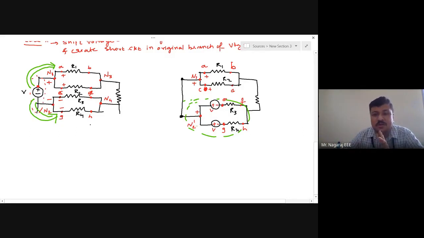How will you get the equivalent circuit? One is source transformation. Now this is the only circuit I have. So for example, I have this circuit. I will take it out.